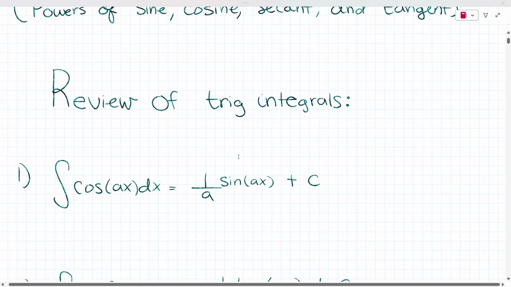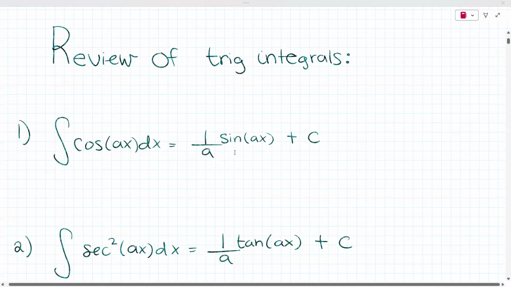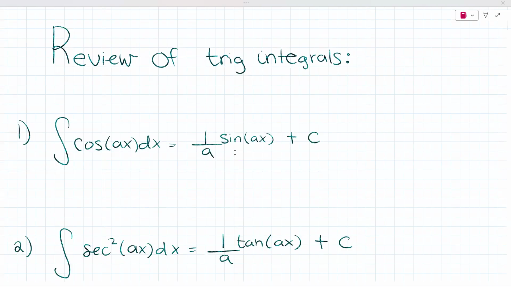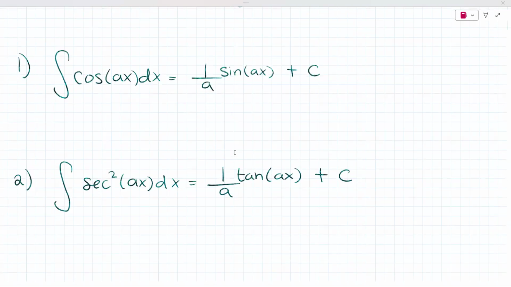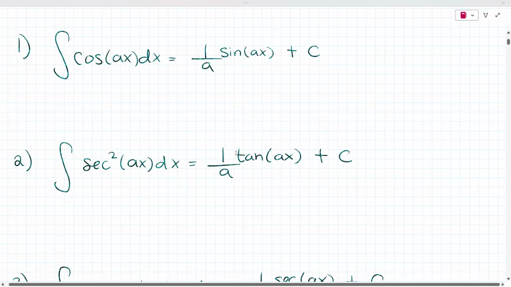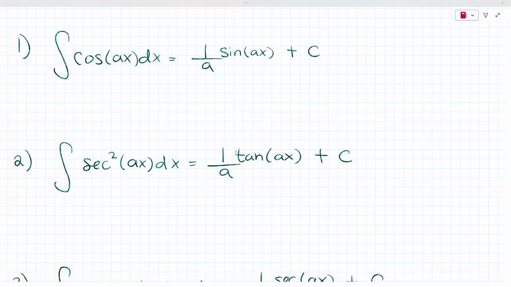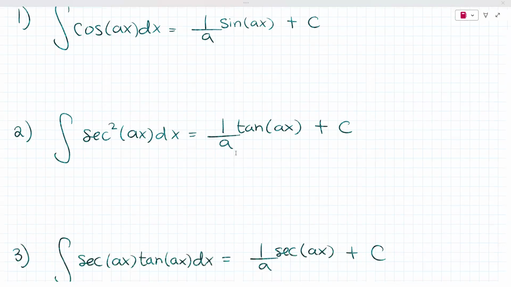Go ahead. So the integral of cosine of ax dx is 1 over a sine of ax plus c. The integral of secant squared of ax dx is 1 over a tan of ax plus c.